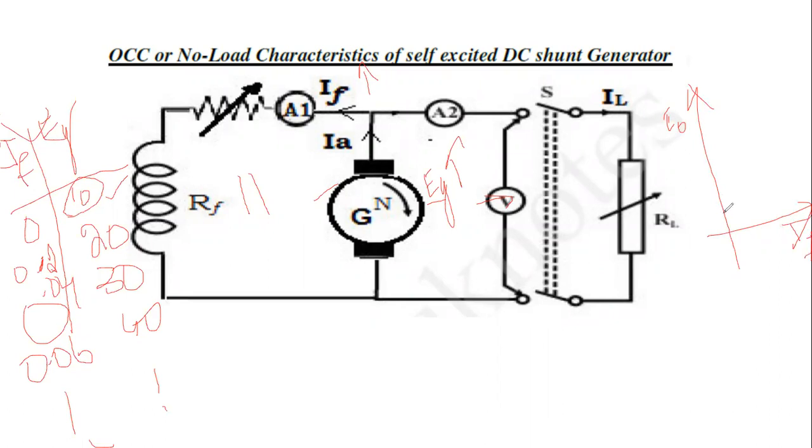Therefore, this is the OCC characteristics or the no load characteristics. Up to this point, we obtain some voltage. This voltage is known as the residual voltage.